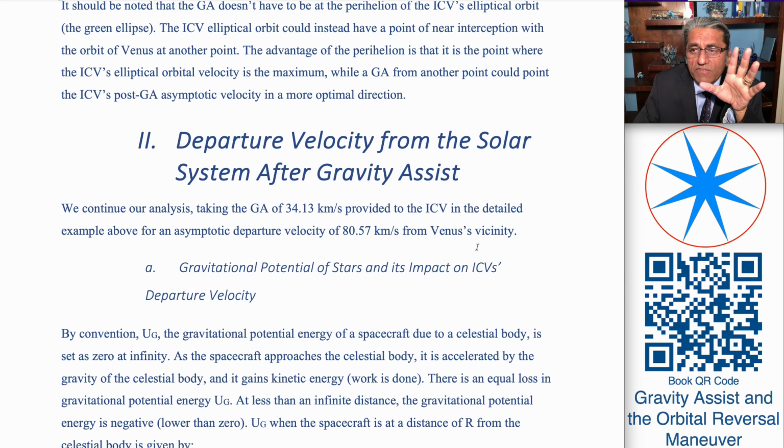after you've done gravity assist, there is also a loss of energy by the time you exit the solar system, because you're moving from the orbit of Venus to a point which you can approximate to be infinity. So there is an increase in the potential energy of the spacecraft, which is paid by the loss in kinetic energy.